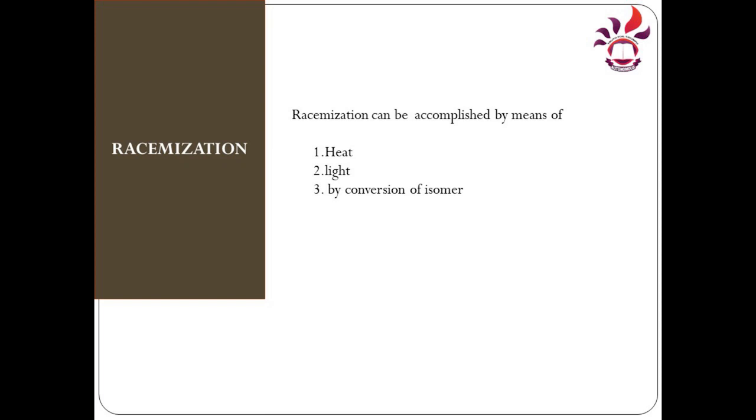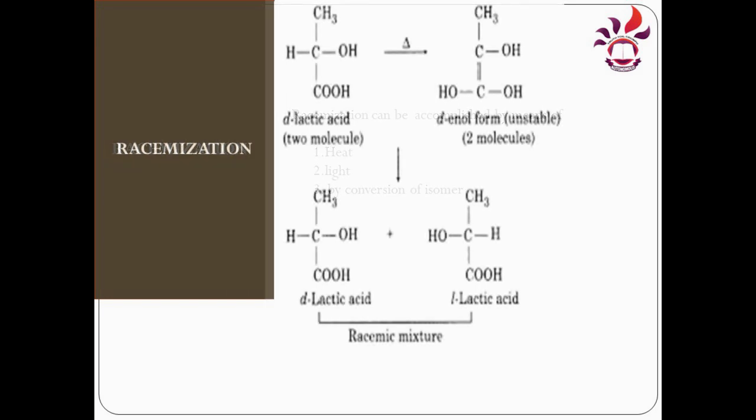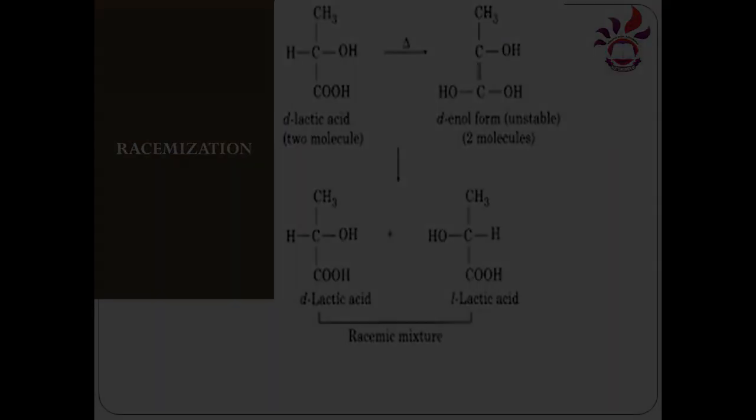The conversion of optically active lactic acid into a racemic mixture by heating its aqueous solution proceeds through an enol intermediate. From the structure of dextrorotatory lactic acid, it forms the D-enolic form, which is an unstable molecule. From the unstable molecule, it produces D-lactic acid and L-lactic acid, the racemic mixture.